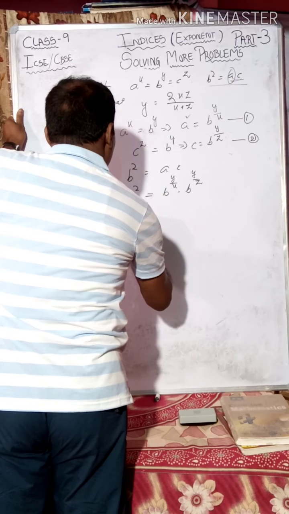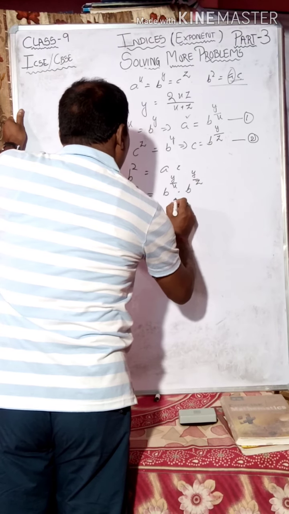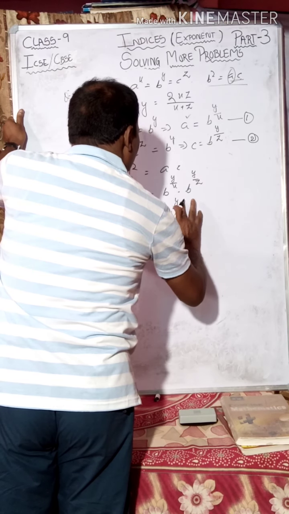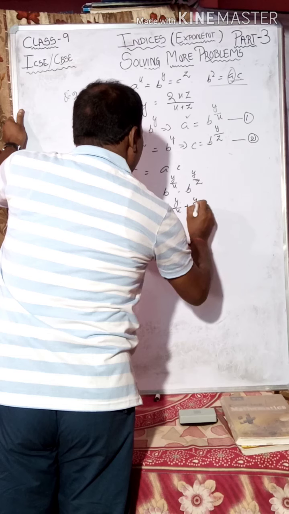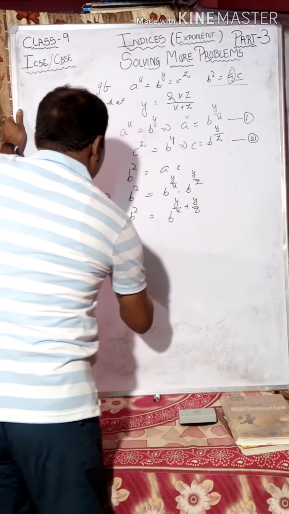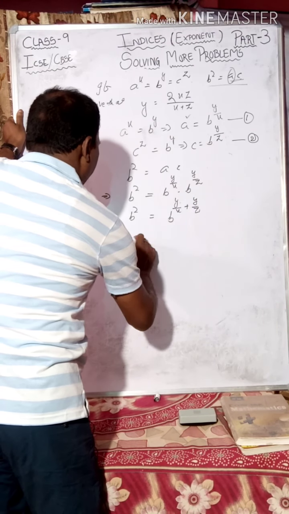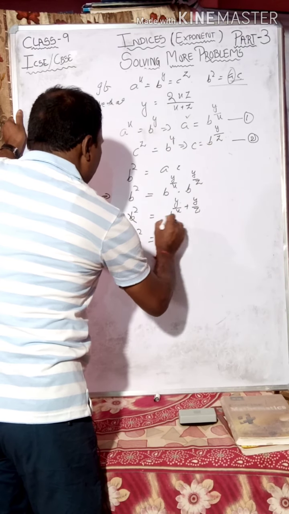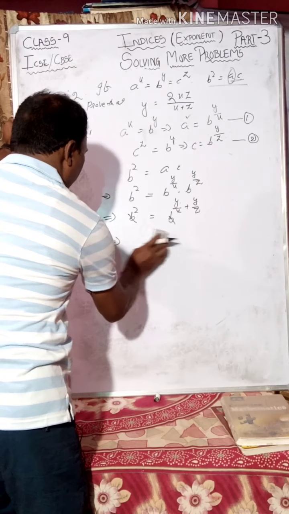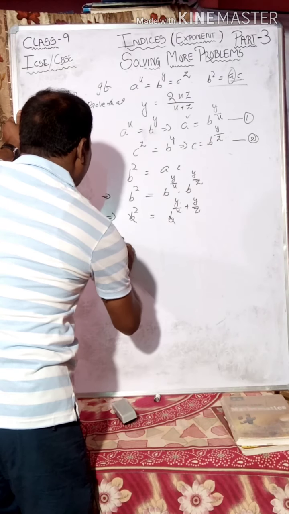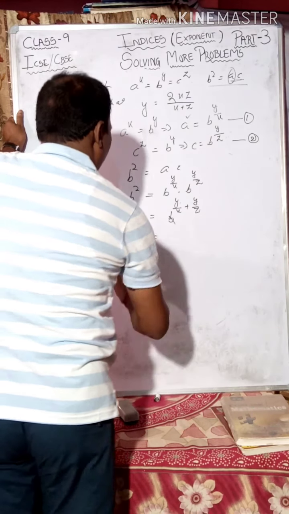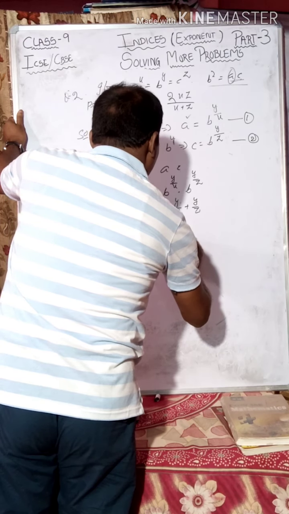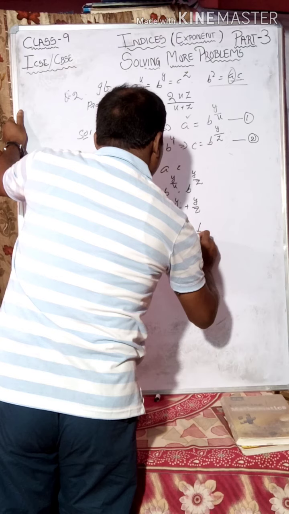So b square is equal to b to the power y upon x plus y upon z. The bases cancel, so 2 is equal to y times 1 upon x plus 1 upon z.